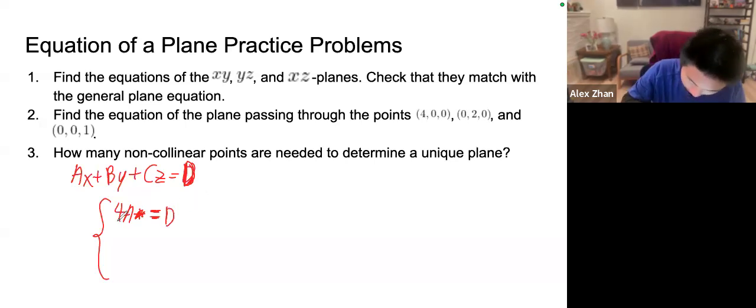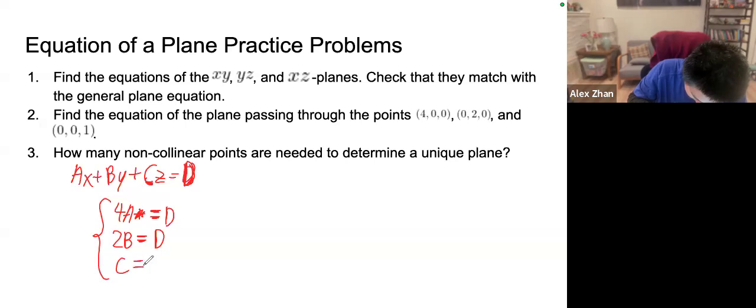The second one, x is 0, y is 2, so 2b equals d. And then this one, cz is also equal to d, so c equals d.